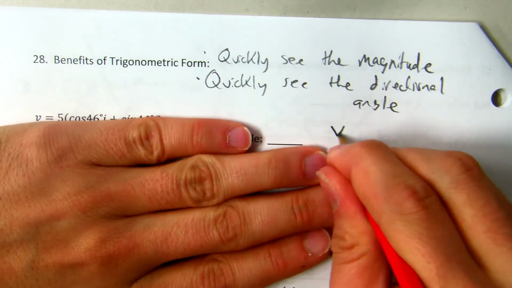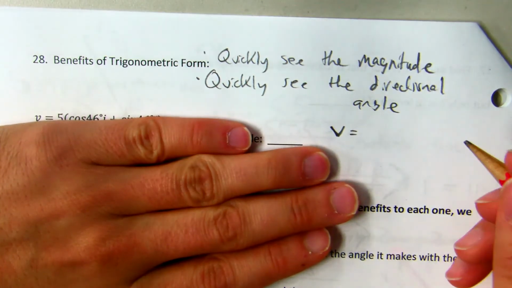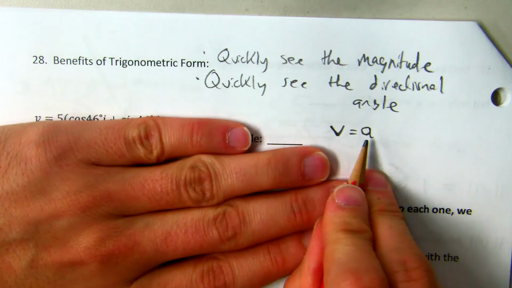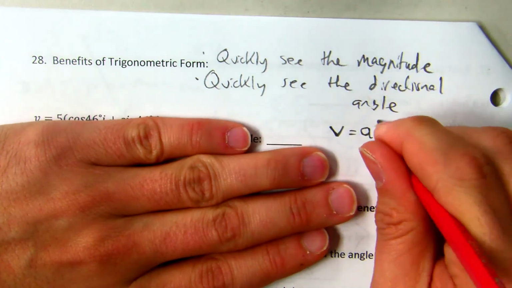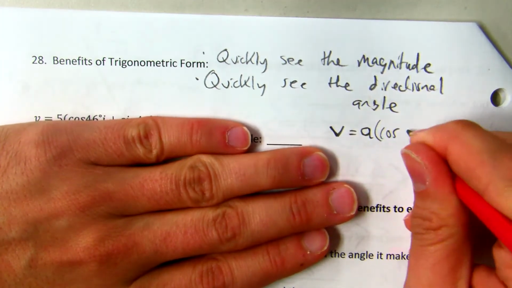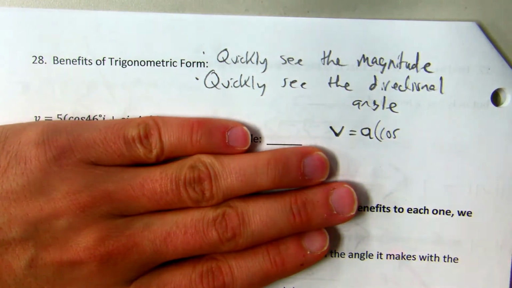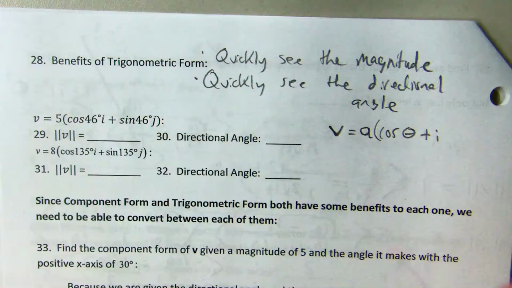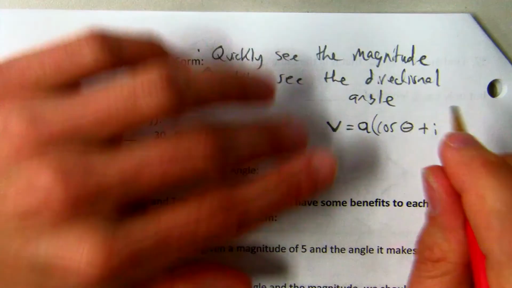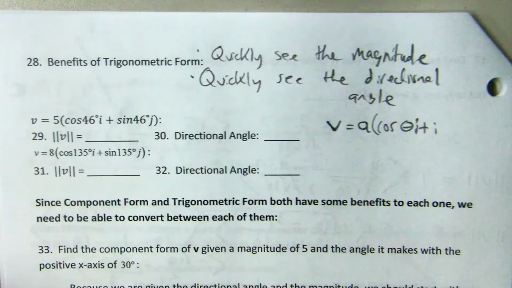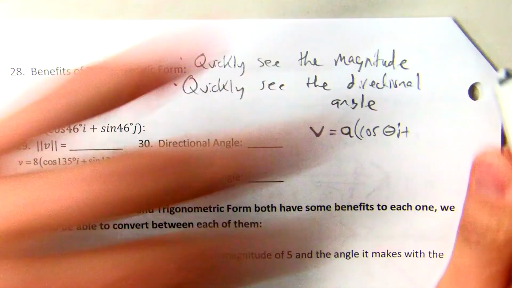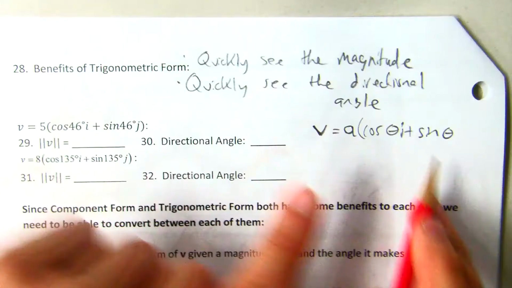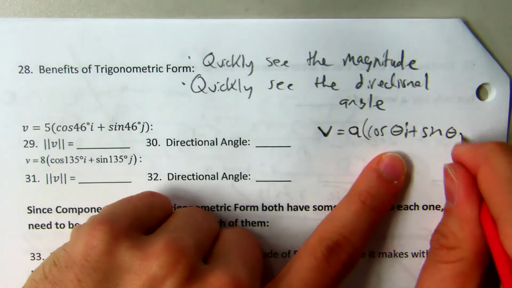Let's say vector B was A, some generic number A here, times the cosine of some angle theta plus i sine, this has to be the same angle, j.